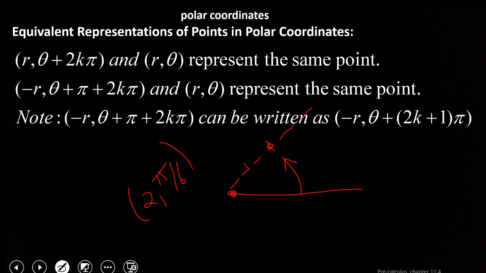So that's the point. Now, if I go pi more than pi over 6, I get to this side right here. So this angle is pi plus pi over 6. So if I go that much, then I can get the same point if I change r to negative r, right?